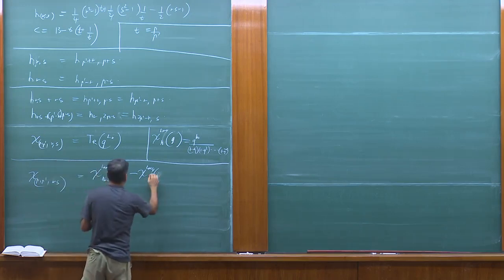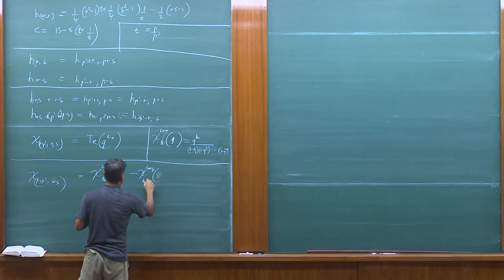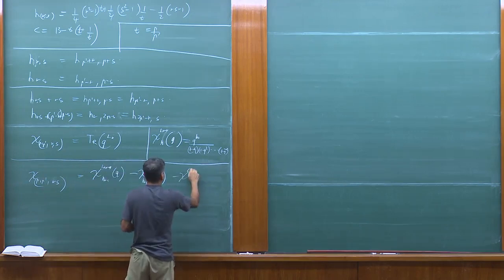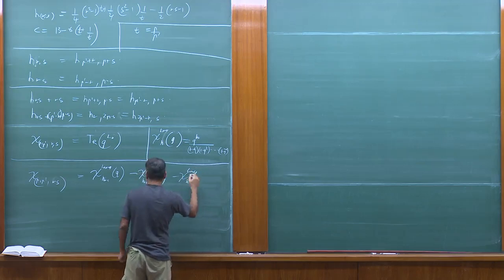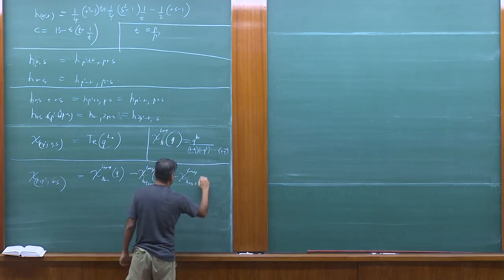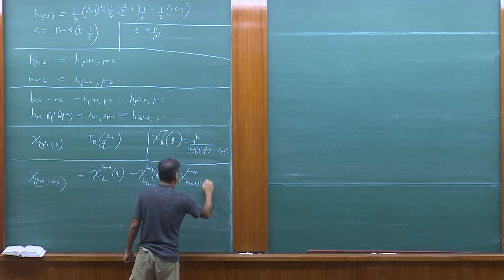That is, H_rs plus rs, minus chi long of H_rs plus (p prime minus r, p minus s).